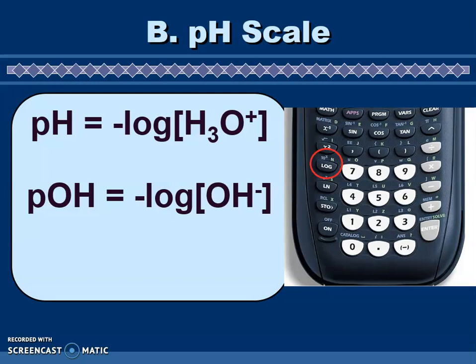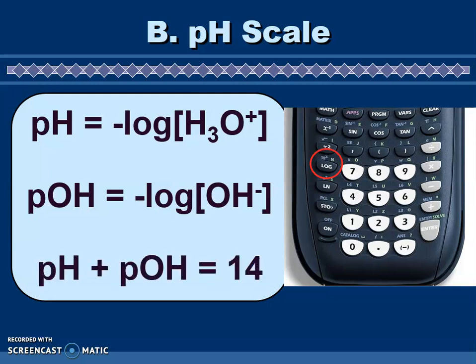And if we take our calculated pH and our calculated pOH, they will add to be 14, because our pH scale goes from 0 to 14. So when you add together your pH and your pOH, they will equal 14. Make sure you add this into your equation sheet.